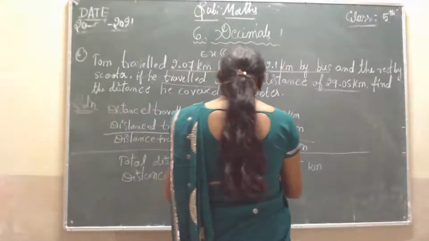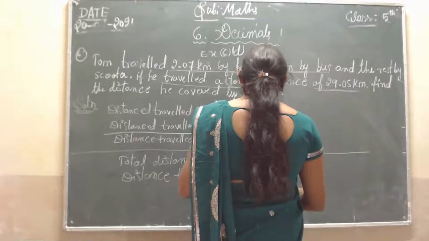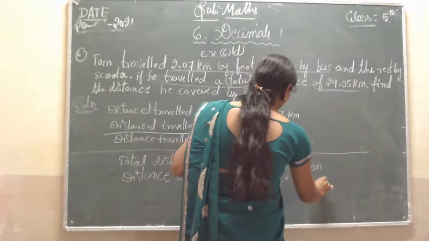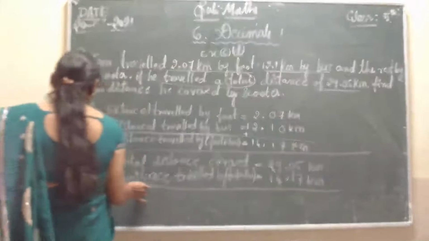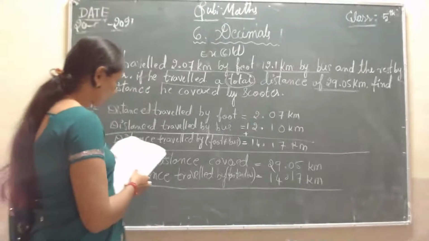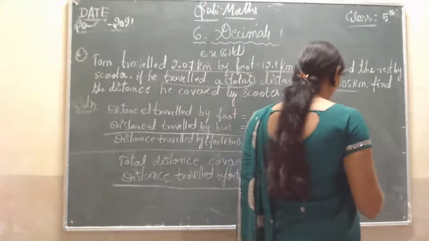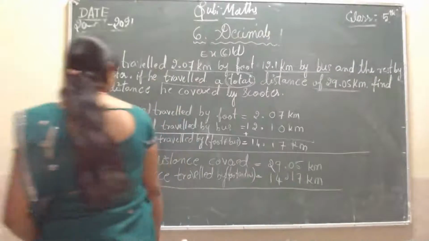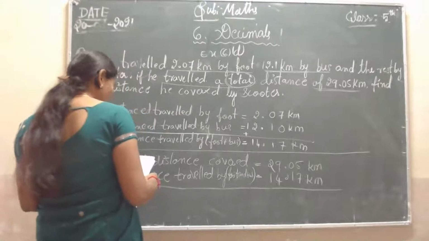Students, what is that? That is 14.17 kilometer. So now you have to do the subtraction. To find the distance covered by scooter, you have to do subtraction.